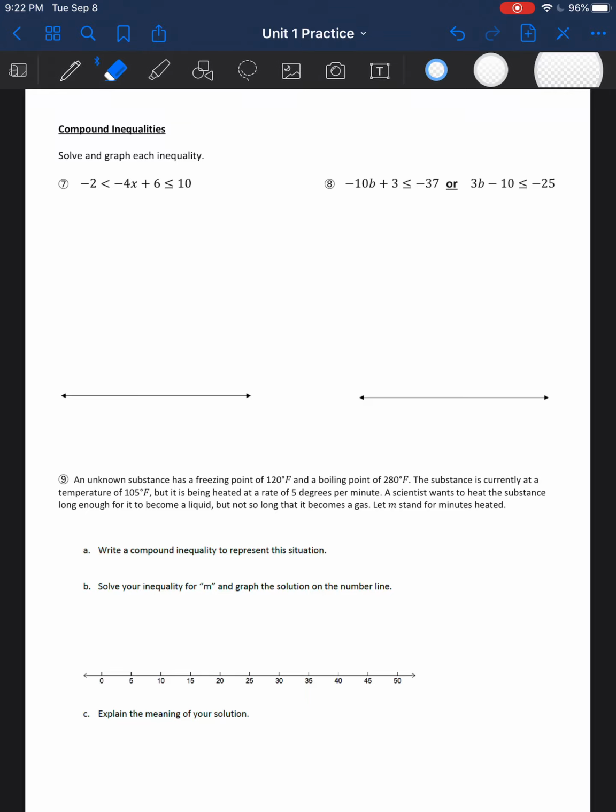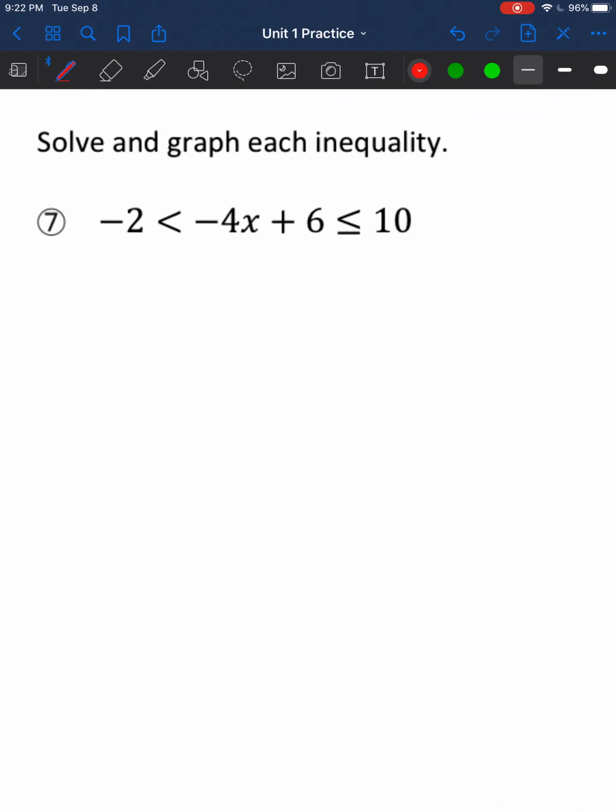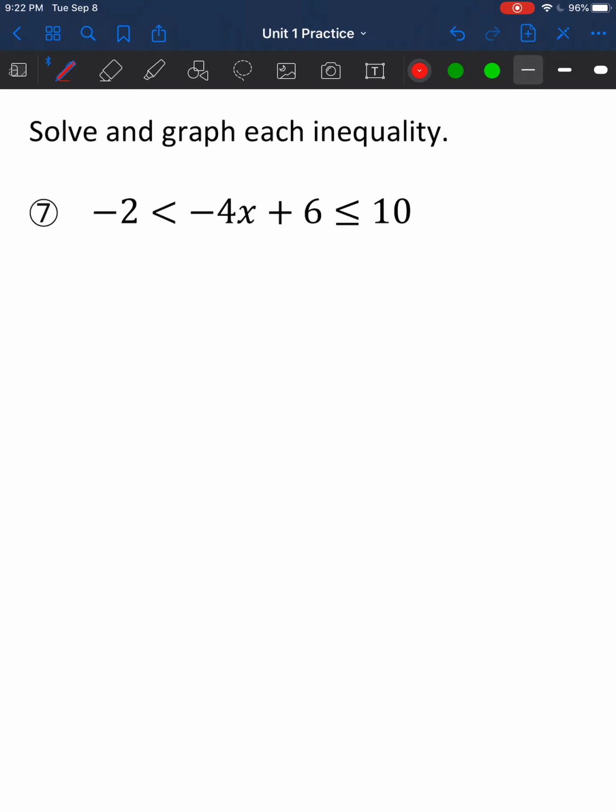7. Solve and graph each inequality. In order to solve each inequality, I'm first going to write and separate the inequalities. So for this first inequality, it's this left side that says negative 2 is less than negative 4x plus 6.